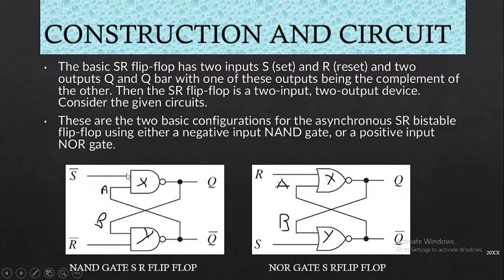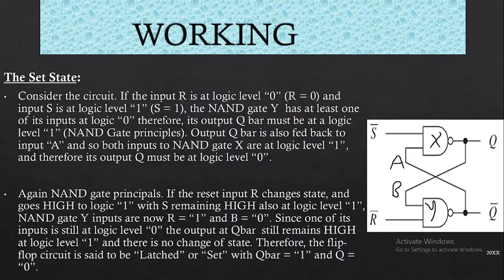As you can see in this picture, here we have two NAND gates named X and Y and they form an SR flip-flop. On the other hand, in the second image, we have two NOR gates to create an SR flip-flop. So both ways we can create it. Now let's move to the working of an SR flip-flop.